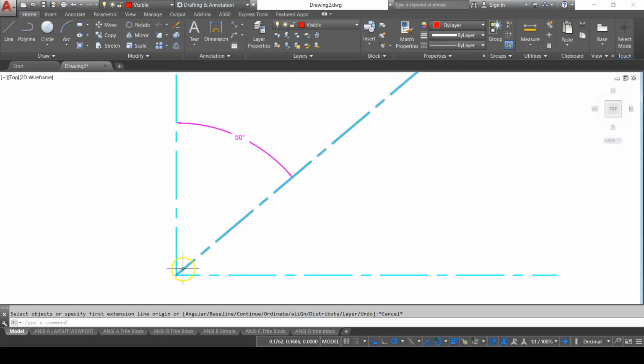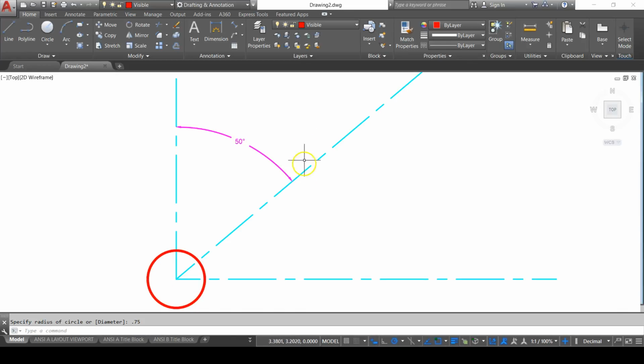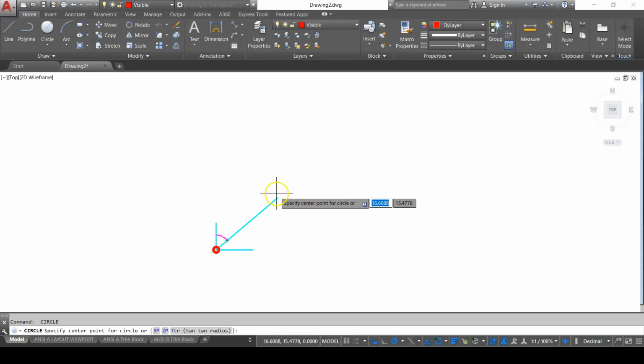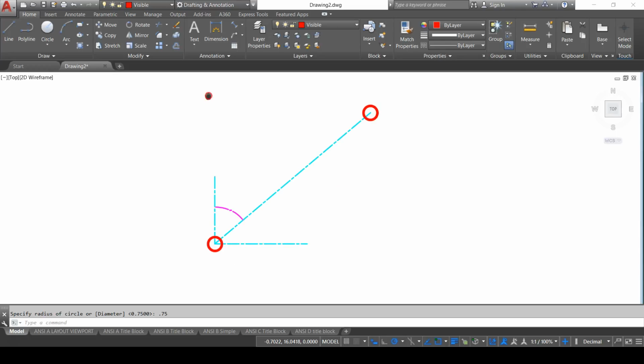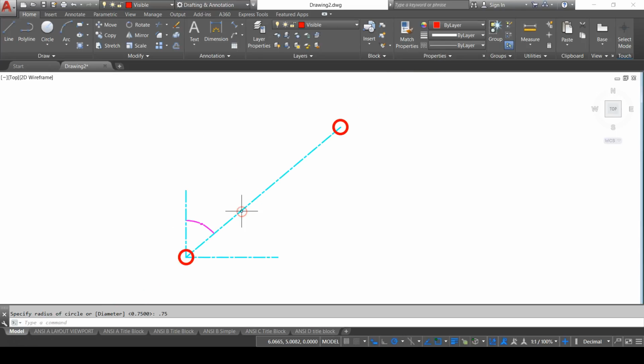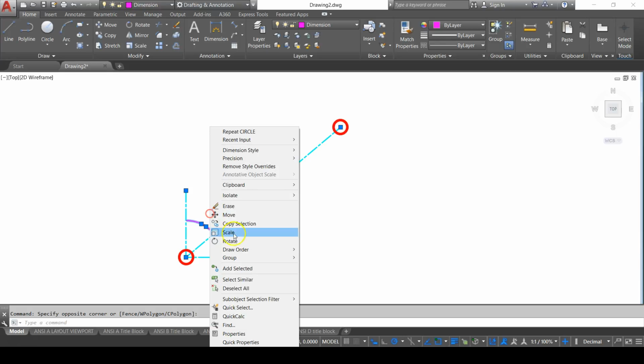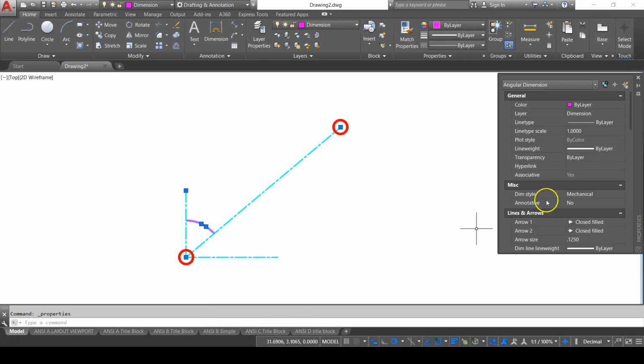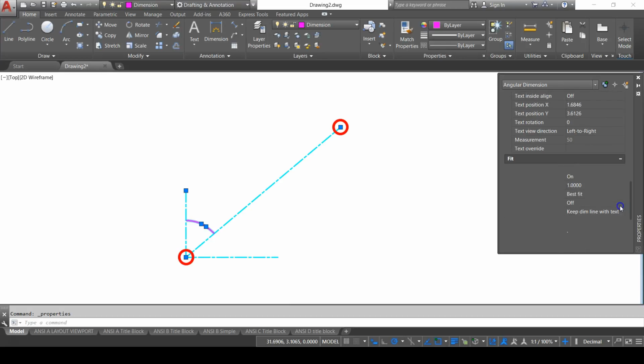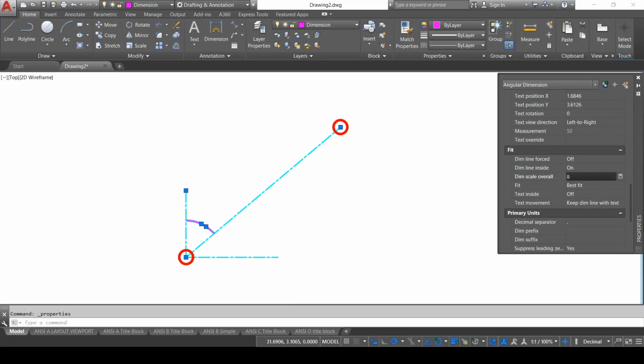I'm going to draw these circles just for fun, even though I don't really need to. How about a radius of 0.75, huh? So I'm conceptualizing. I have my problem here. I'll bring this size of the dimension up so that you can see it better. That's a little too big. There we go.